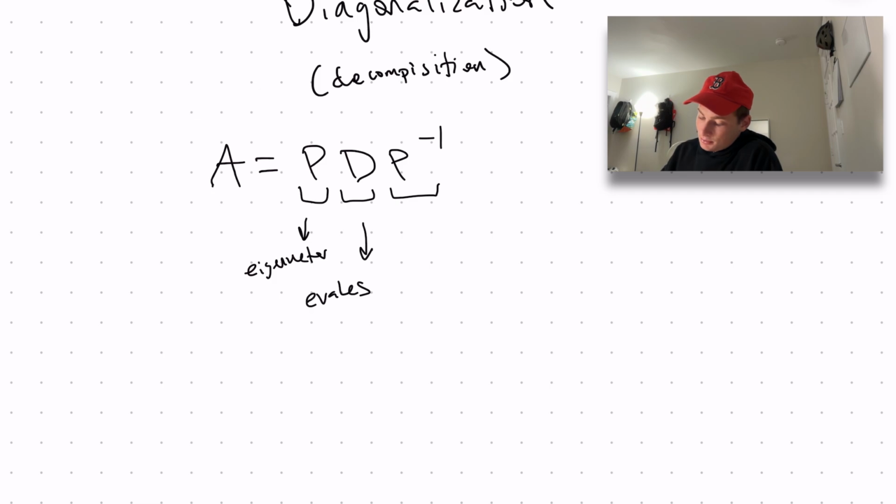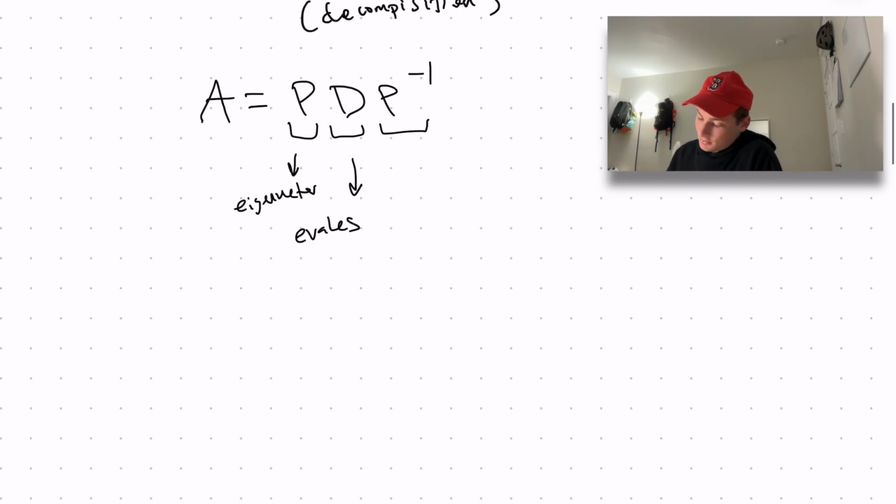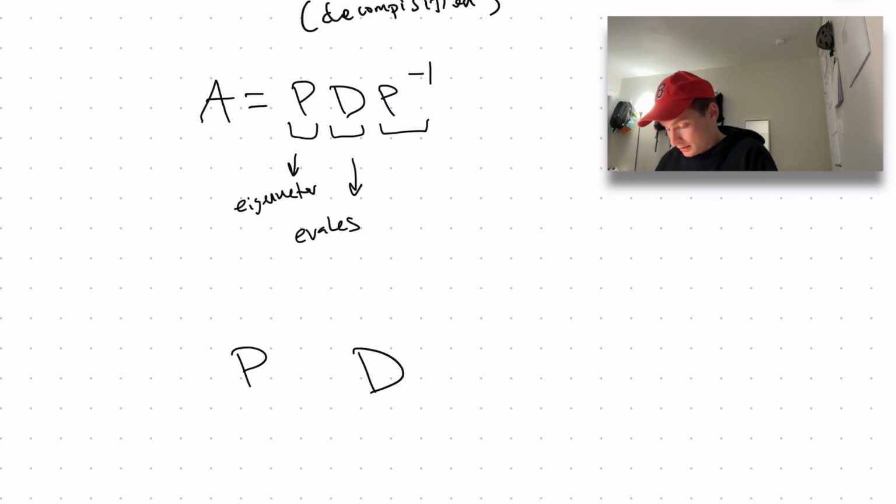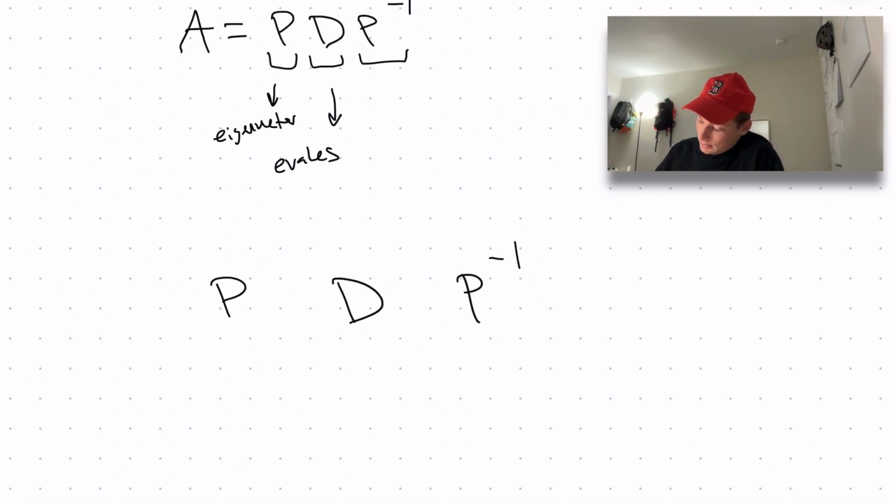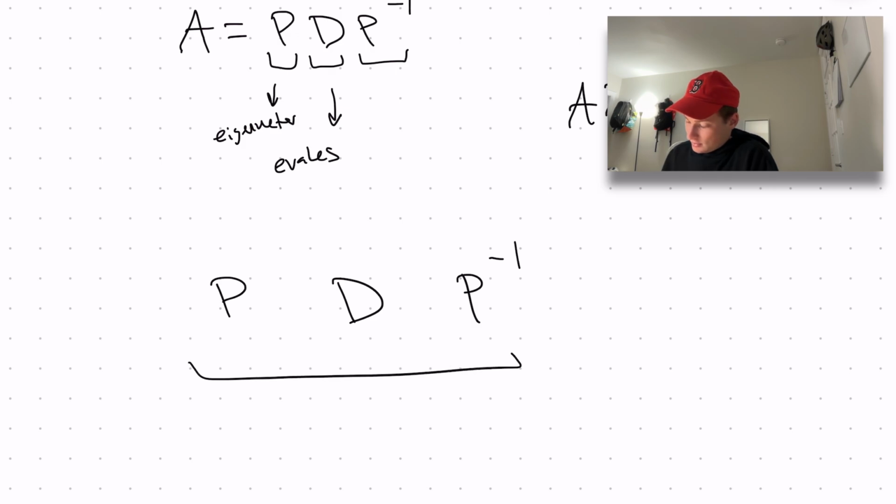But the reason this relates to what we've been talking about is because each of these vectors individually are important. If I were going to multiply a vector by this, we can either do A times a vector, which will do a transformation on X, or we can do this, because these and A are the same. So what happens if I do that?